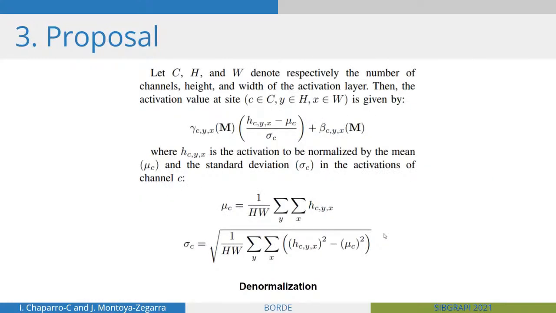Our proposal is, given the normalized activation map, the denormalization process is given by the calculation of parameters gamma and beta, considering two important characteristics: spatial variance and instance-specific normalization.